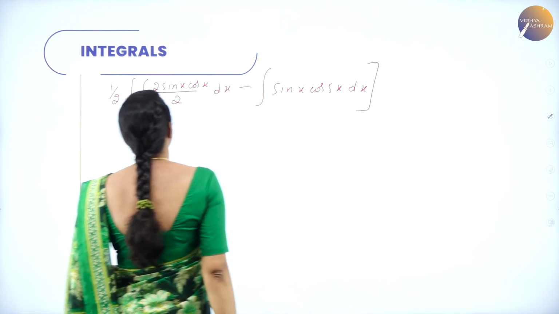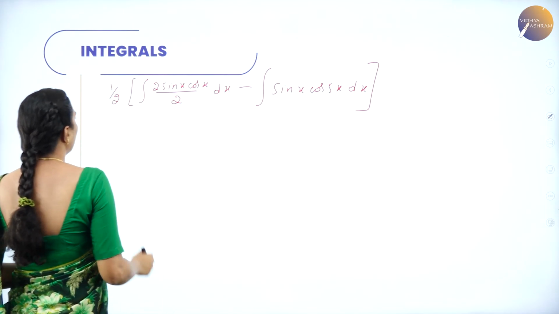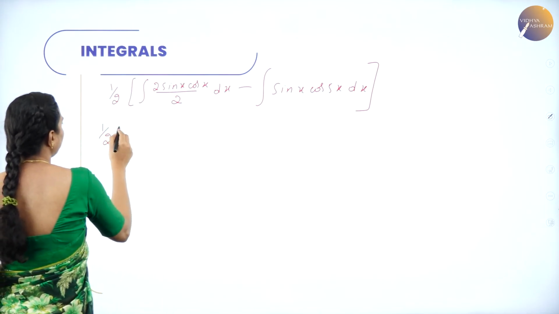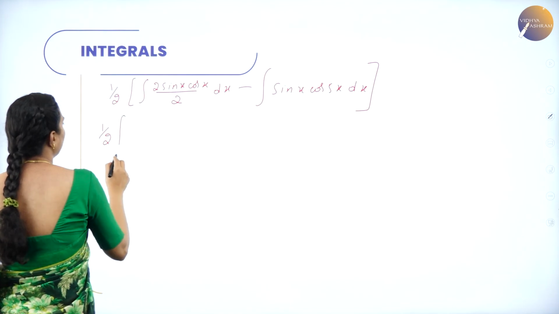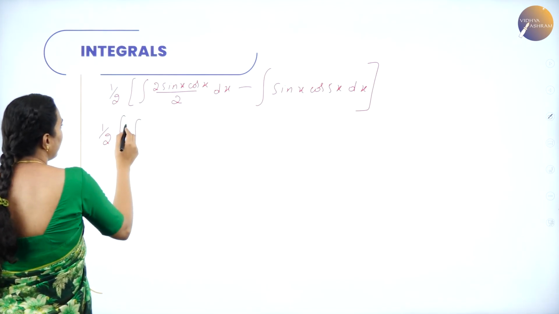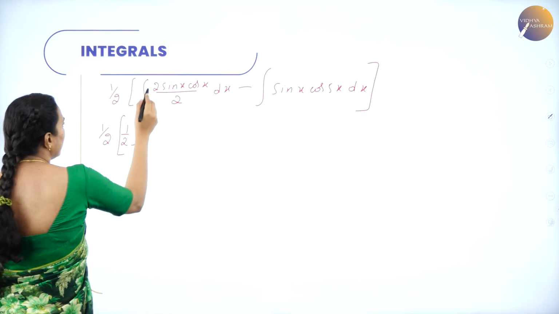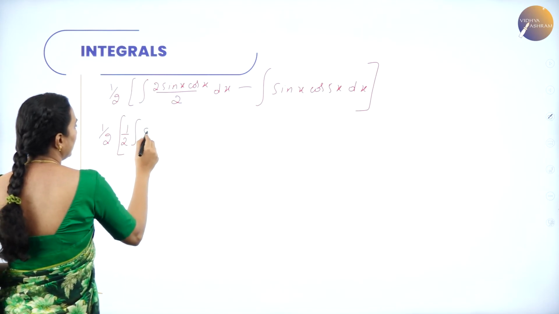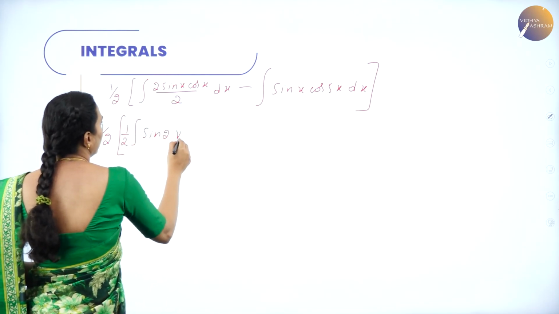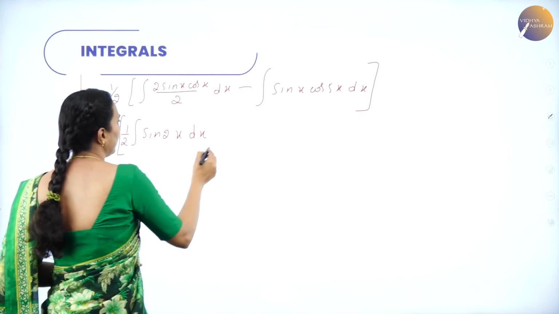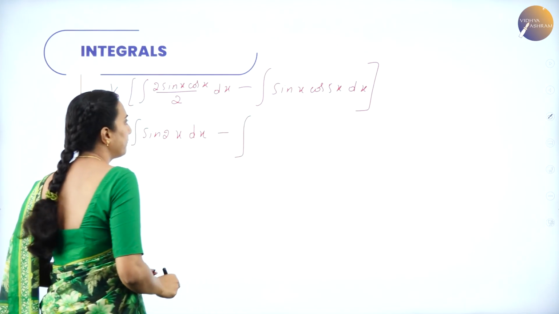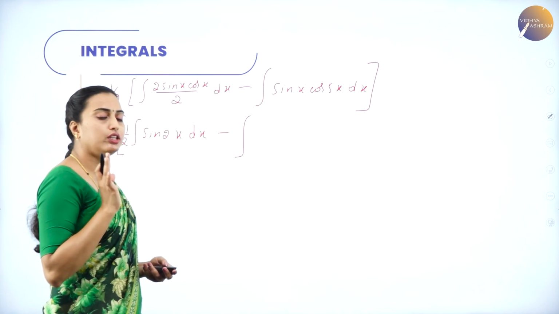Now 1 by 2 will be multiplied throughout. Now here 1 by 2 will be outside: integral of 2 sin x into cos x is sin 2x into dx minus integral of sin x into cos 5x.